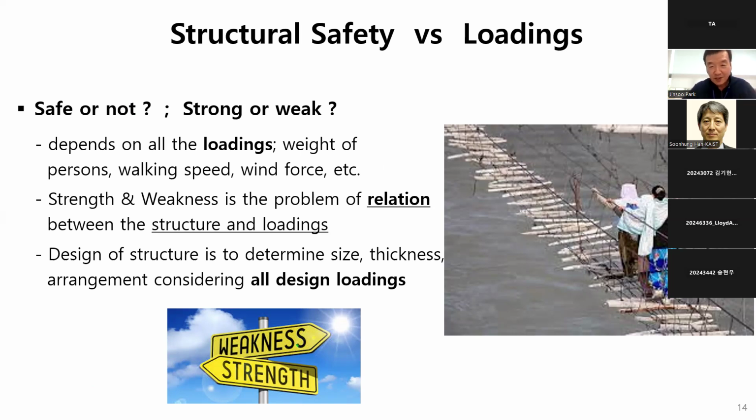For example, in this case, weight of persons, number of people, their walking speed, wind force, etc. If loading is severe, then the bridge becomes weaker and becomes not safe. So the problem of strength and weakness is the problem of relation between structure and loading. So when we design ship, we should think about what loadings we should include in design stage. And that's the main concept of this lecture.